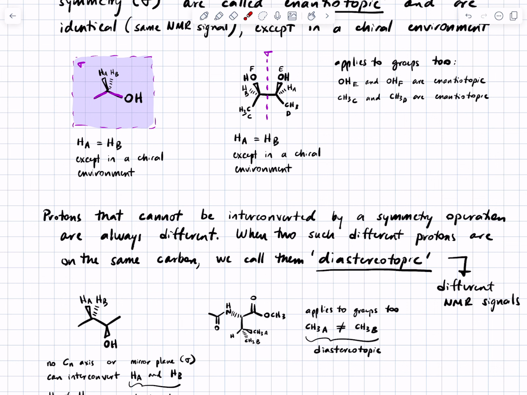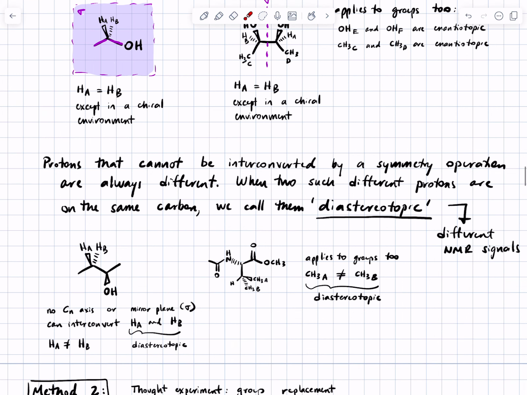And if those two protons or two groups are attached to the same carbon, we have a word for that, which we call diastereotopic. That's an interesting word and a challenging concept. This one's difficult to illustrate just based on symmetry operations. So we'll talk about a second method for determining whether groups are diastereotopic.